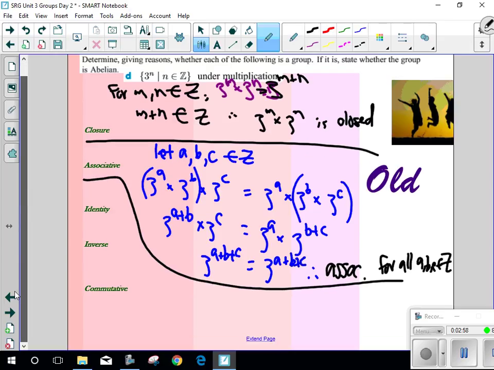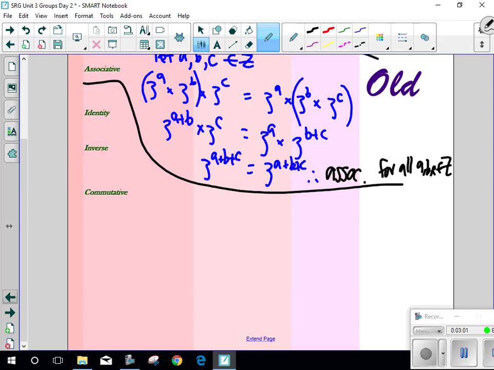Fantastic. Now the identity is the one that we were kind of questioning. This one, if we go 3 to the something is equal to, see, they went 3 to the 0. Yeah. So here's what we do here. 3 to the n times e is going to be equal to 3 to the n, correct? So what is this going to have to be?